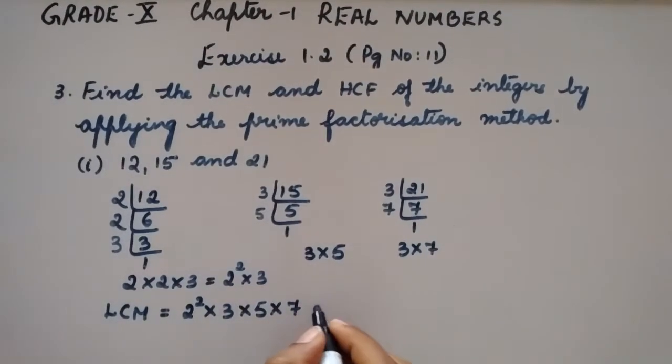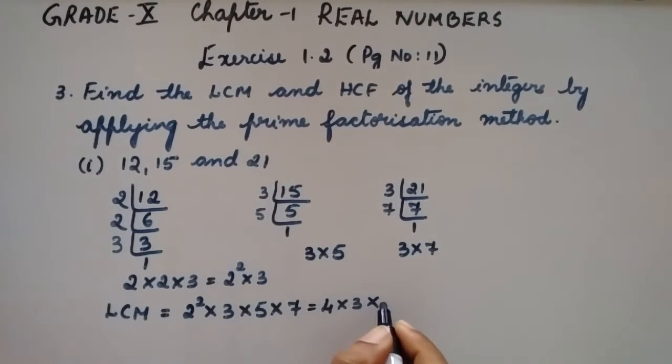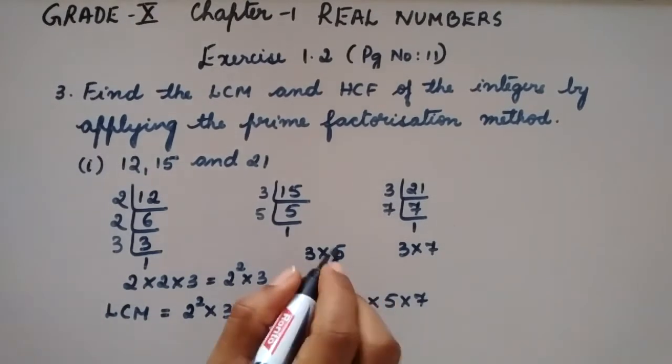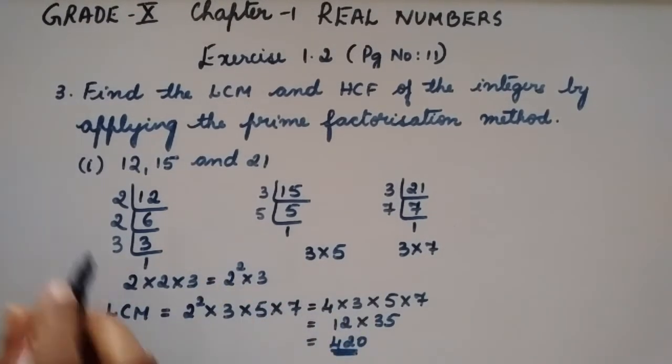So this will be equal to 4 into 3 into 5 into 7. So which will be equal to 4 3s are 12, 5 7s are 35. So 12 into 35 gives 420. So therefore LCM of 12, 15 and 21 is 420.